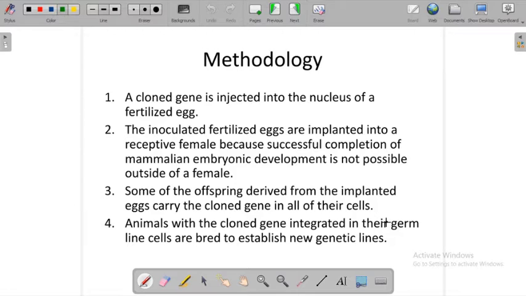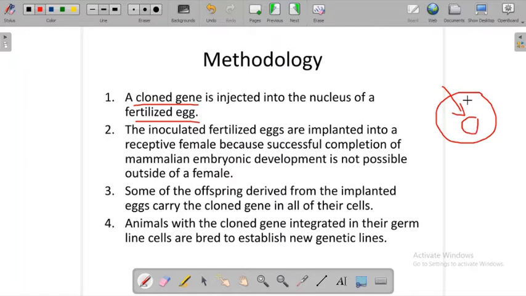Now, what exactly are the methods in genetic engineering? First of all, the clone gene is very important. A clone gene is injected into the nucleus of a fertilized egg, right? There are two types of methodologies, but the fertilized egg is big in volume, so it is easy to inject the genetic material or the clone gene into the ovum.